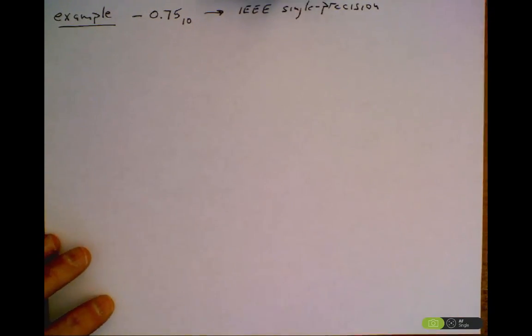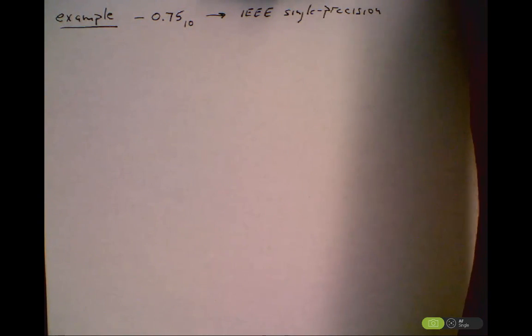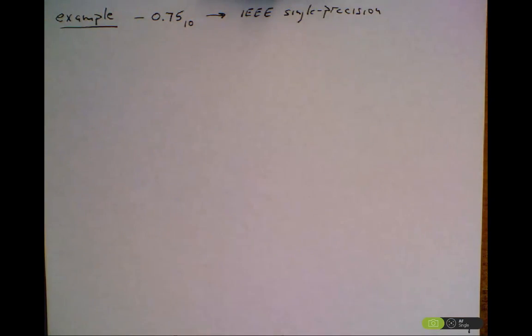All right, let's look at some examples. Suppose we want to know what is the floating point representation of that decimal real number, minus 3/4. Let's see if we can code this up.